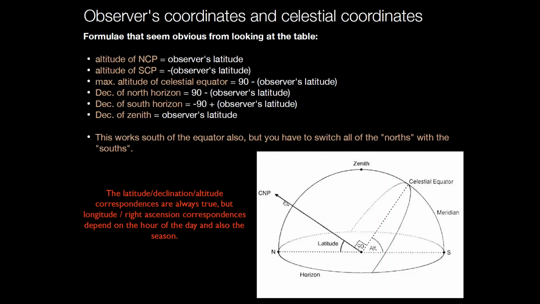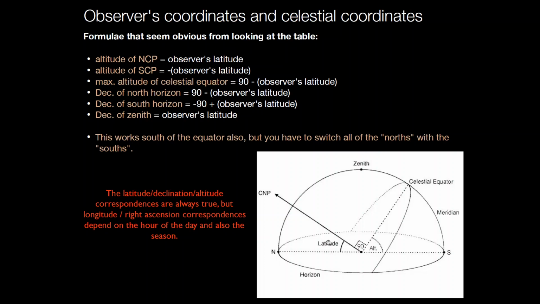If you're in the northern hemisphere, the north celestial pole will be somewhere above the horizon. If you're on the North Pole, it'll be at the zenith. If you're somewhere else, it will be at an angle equal to the latitude above the horizon direction. And again, if you sketch that out, you can see why that is. So the position of the North Celestial Pole is just equal to the latitude.